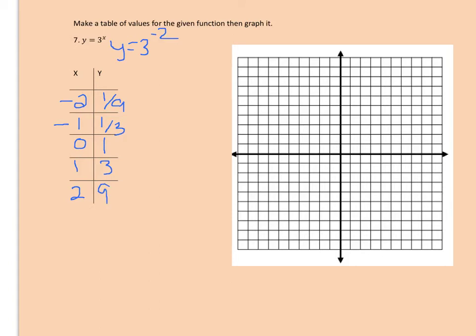So graph now. You go -2, 1/9, so it'll be just above the 0. -1, 1/3, just a little bit above that. 0, 1, 1, 3, 2, 9.